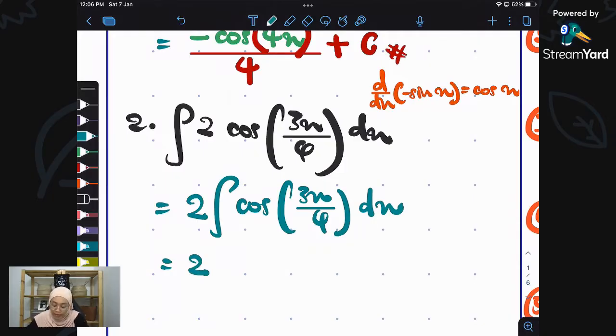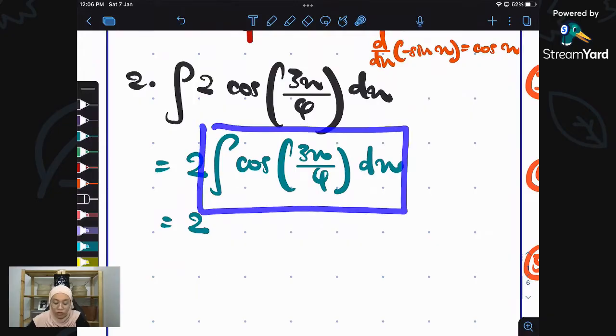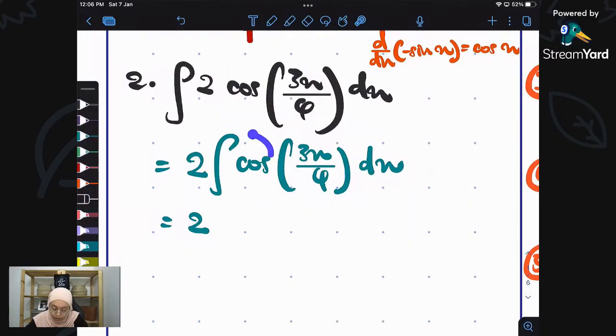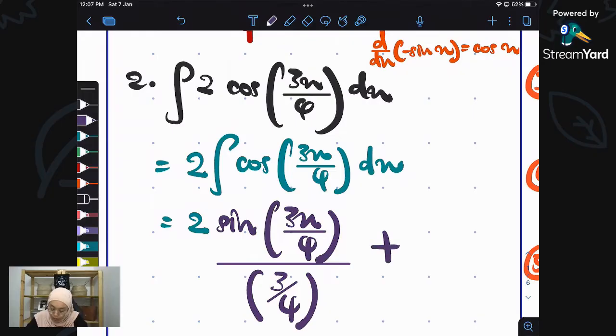And now we just have to think about the formula for the integration of cos. The integration of cos is sine. In this case, it is sine 3x over 4. But we are not finished yet, because we must divide it by 3 over 4. And then we put plus c.